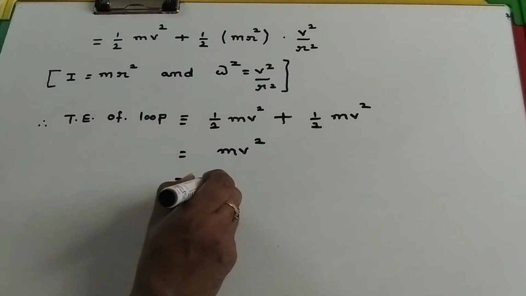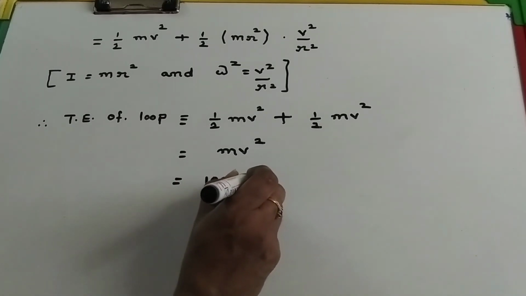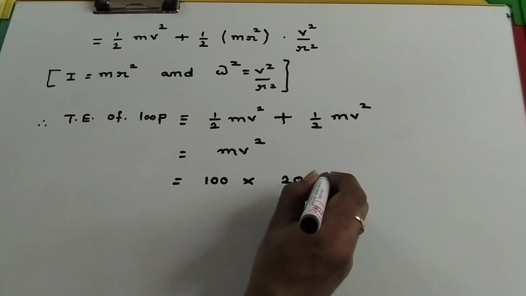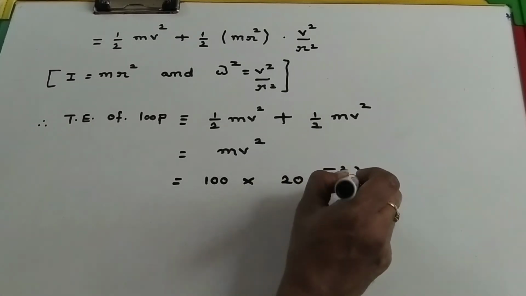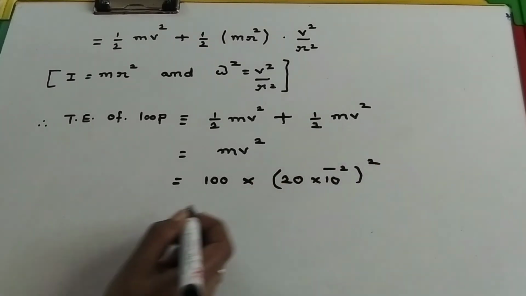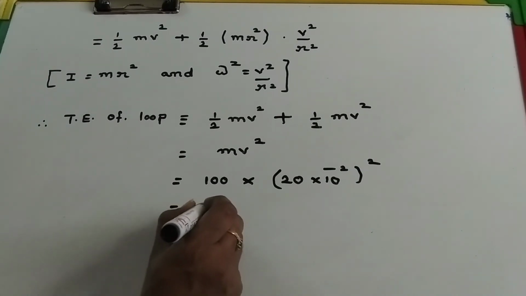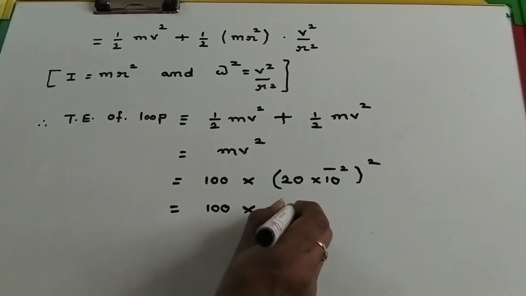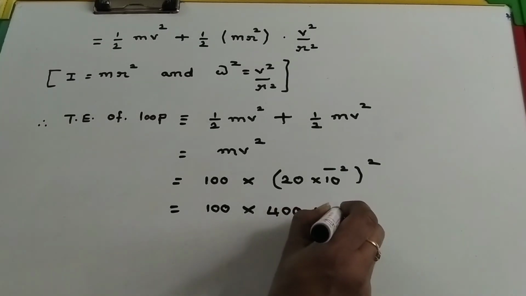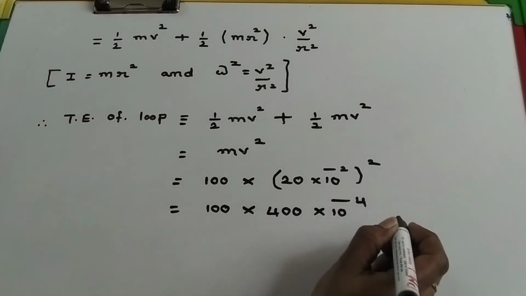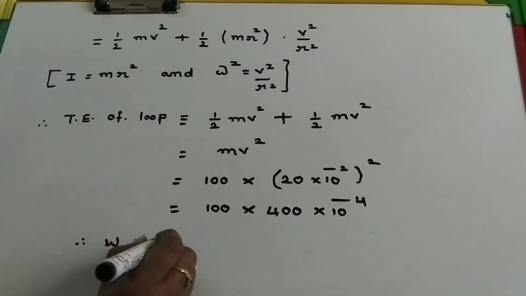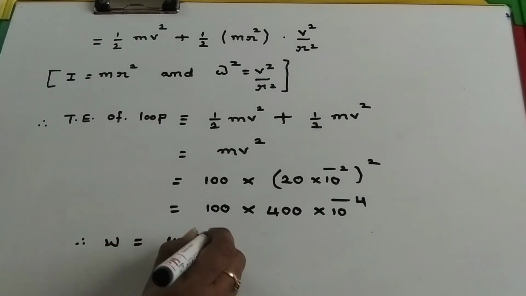That is equal to 100 × (20 × 10⁻²)² = 100 × 400 × 10⁻⁴. Therefore, W = 4 joules.